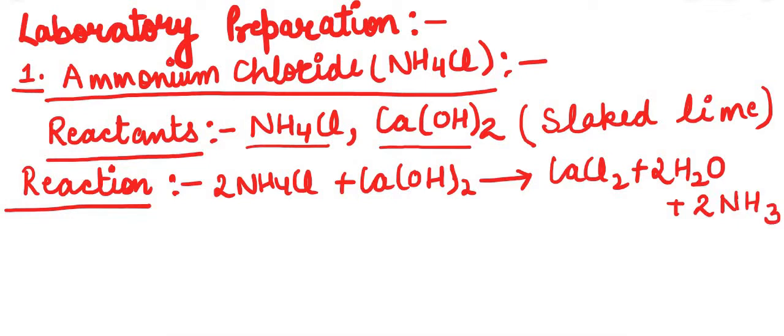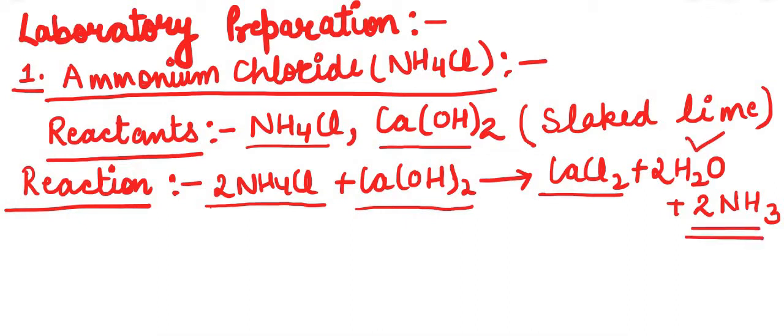So whenever there is a reaction between two ammonium chloride molecules and one calcium hydroxide, a salt, calcium chloride, is formed along with two water molecules and two ammonia molecules, and we require only these two ammonia molecules in that reaction.